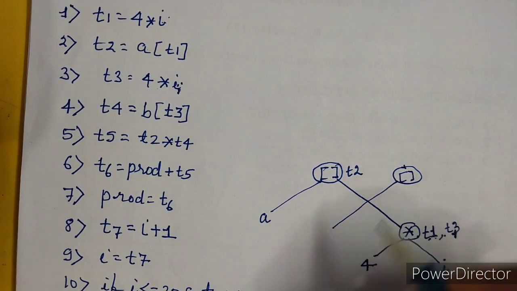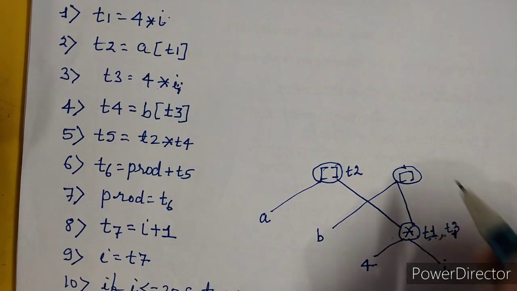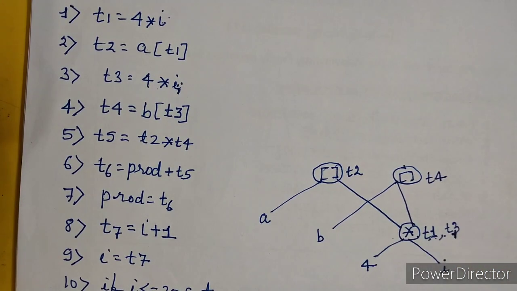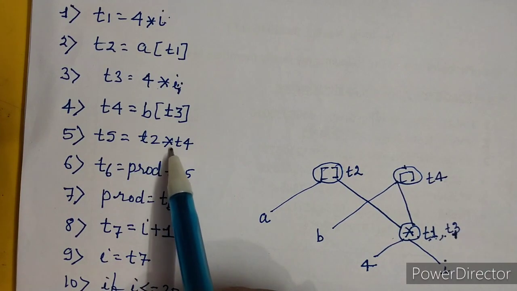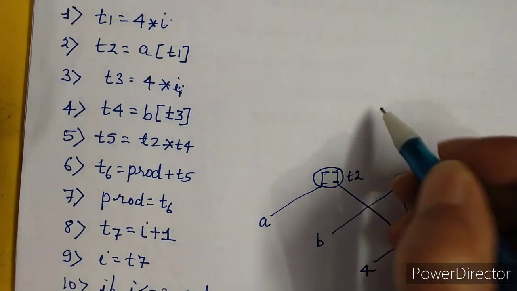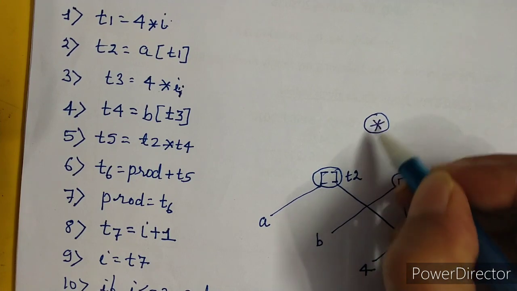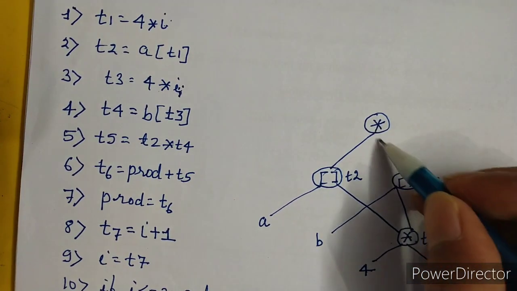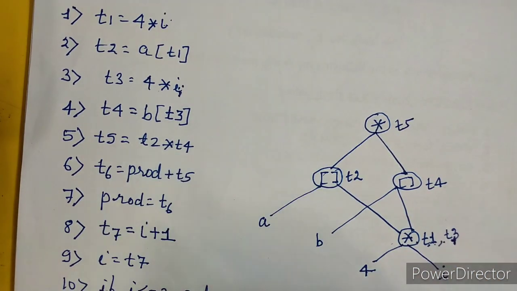The left side is B and the right side is T3, and this is T4. Now the next statement is T5 is equal to T2 multiplied by T4. This is the multiplication operator, T2 is the left side, T4 is the right side, and this is T5.